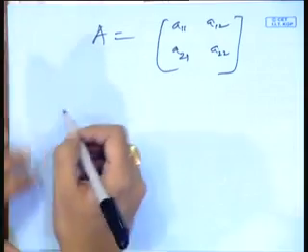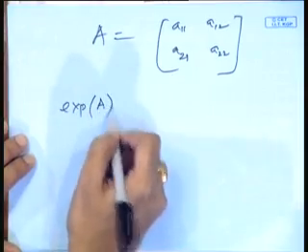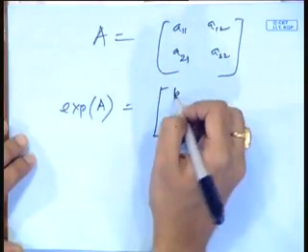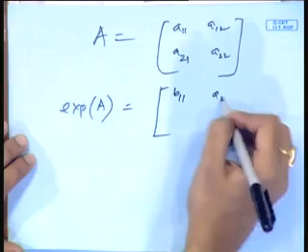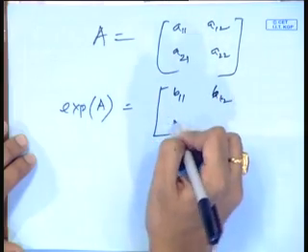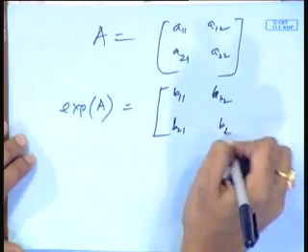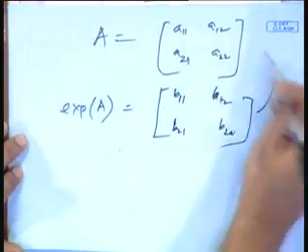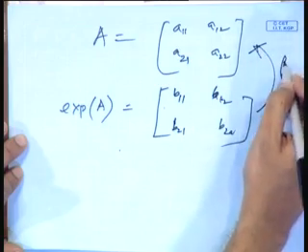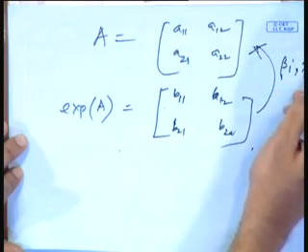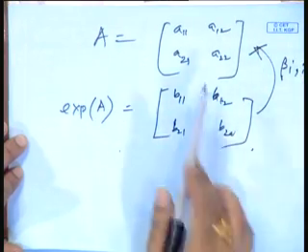Now exponential of a would be some other matrix b11, b12, b21, b22, but these are related. These are related through the eigenvalues and the eigenfunctions of the previous matrix.